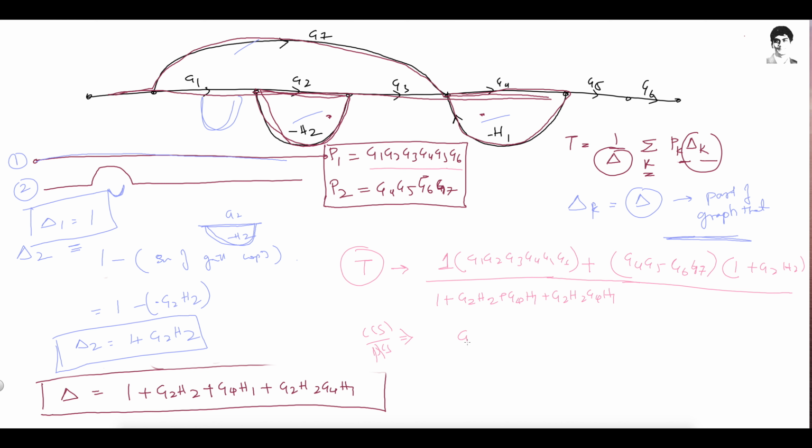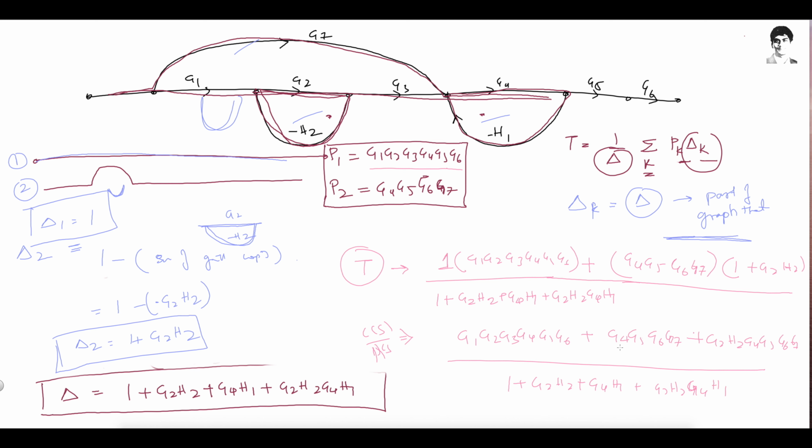I'll still do it. G1, G2, G3, G4, G5, G6 plus G4, G5, G6, G7 plus G2H2, G4, G5, G6, G7 by 1 plus G2H2 plus G4H1 plus G2H2 G4H1.